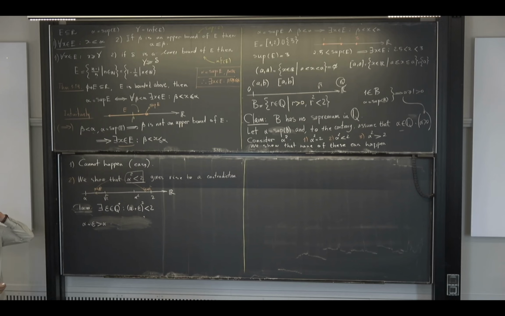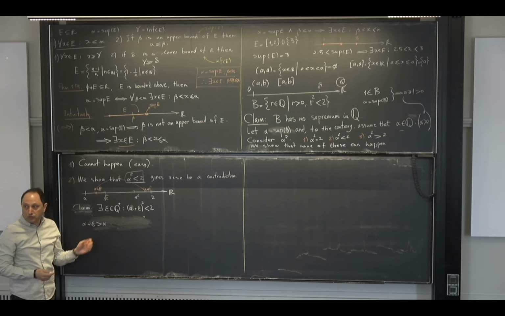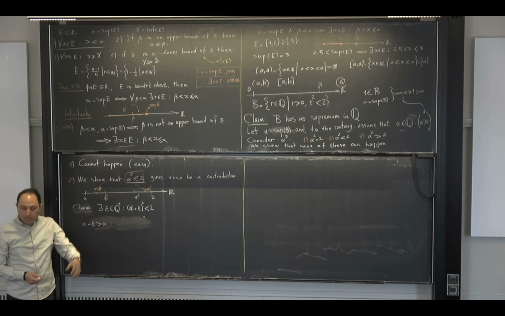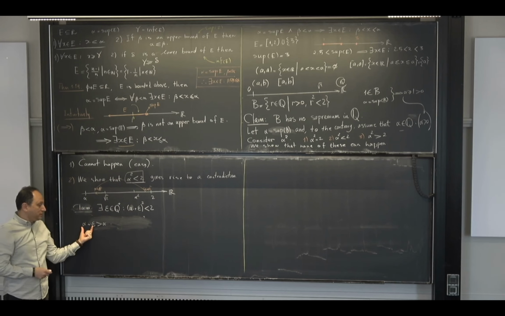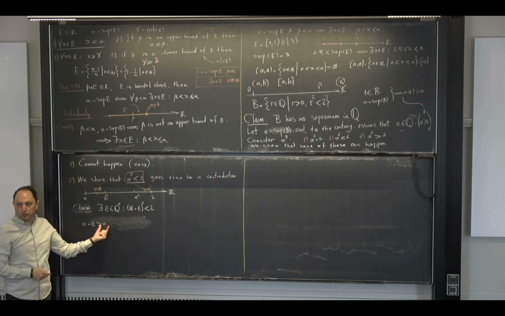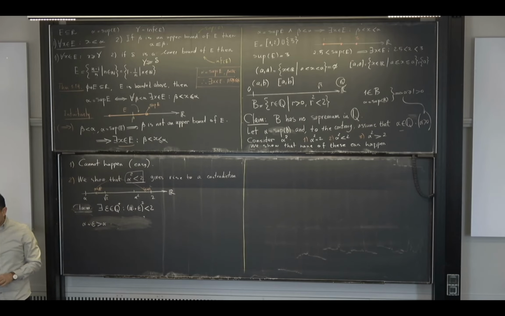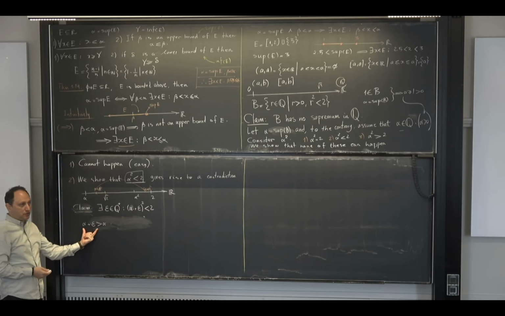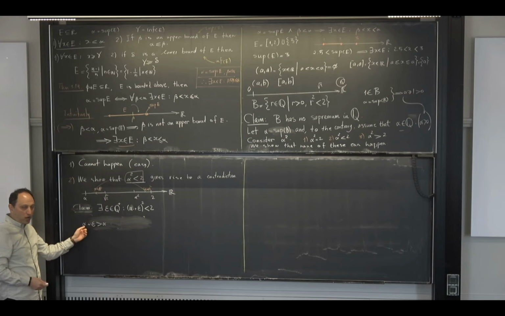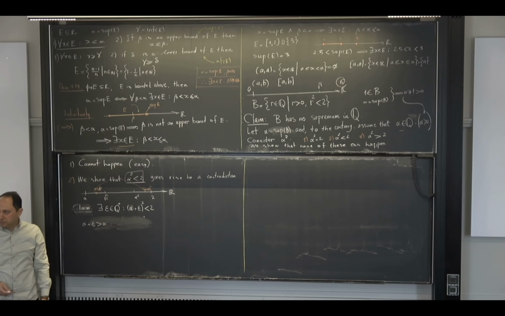Alpha plus epsilon is in B. This is crucial. So you have to show that alpha plus epsilon is in B. On the other hand, alpha plus epsilon is greater than its supremum. This then becomes a contradiction. Do you agree with that? So this by itself is not a contradiction because this is indeed true. But the contradiction is that, so how can I prove that alpha plus epsilon is in B?